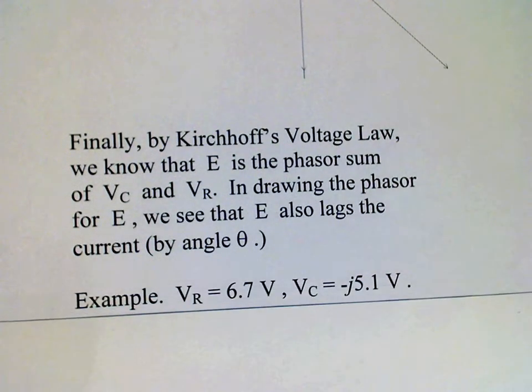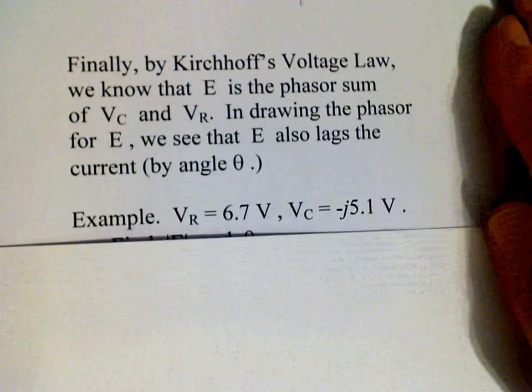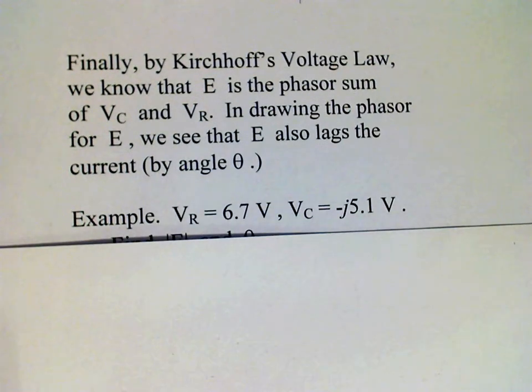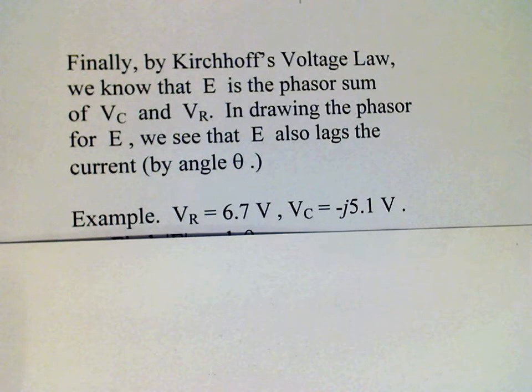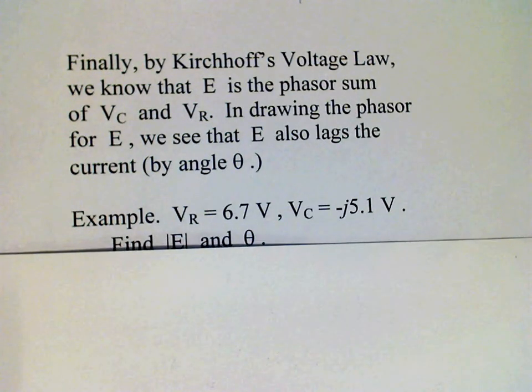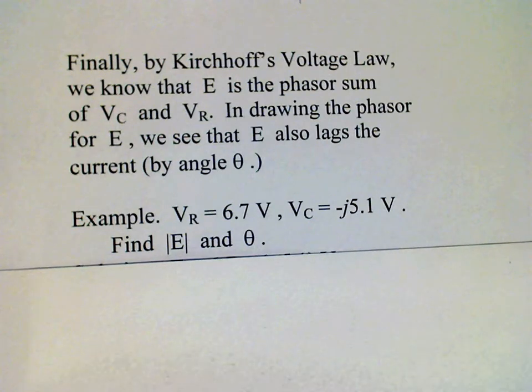So let's look at an example now. We have VR is 6.7 volts, and VC is negative j5.1 volts. Okay, and we need to find the source voltage and the phase angle.